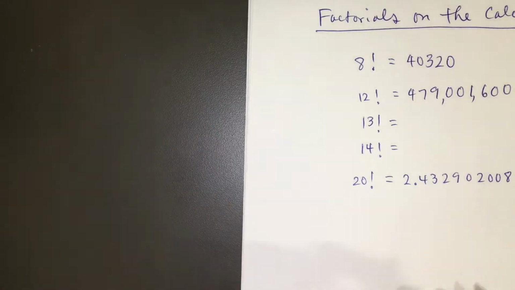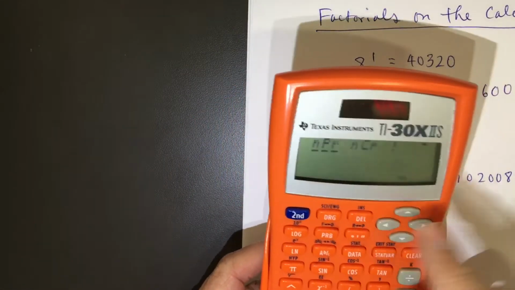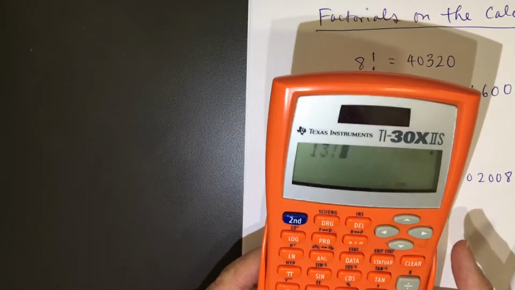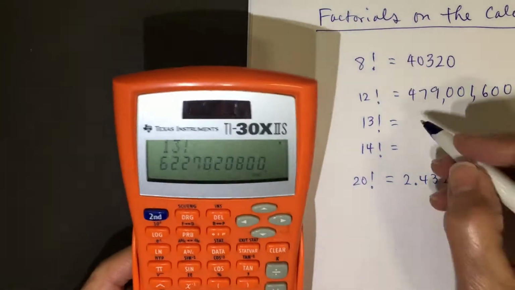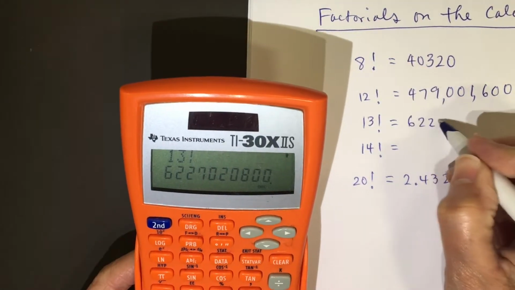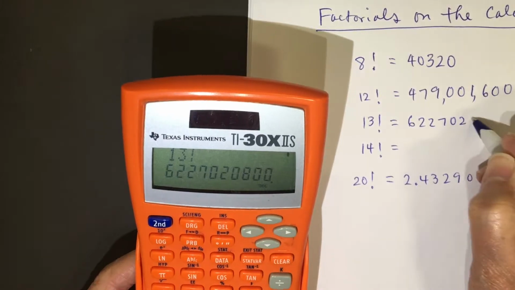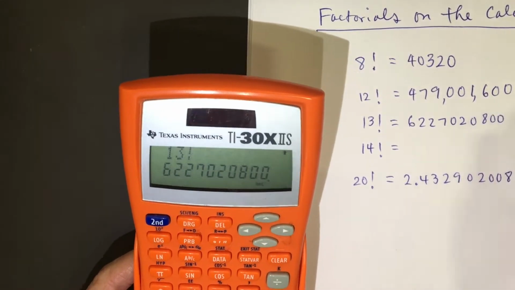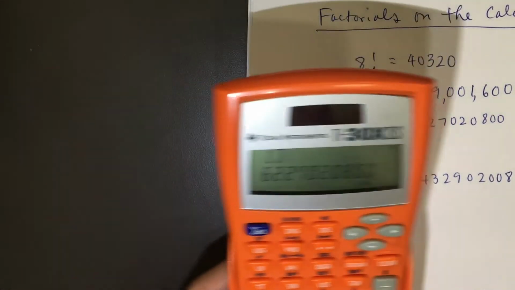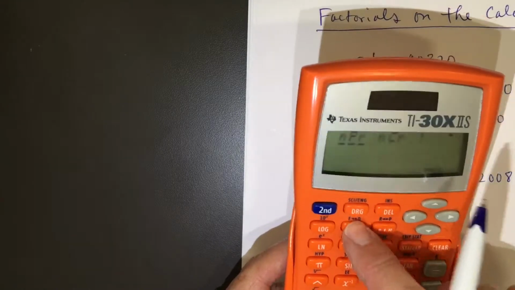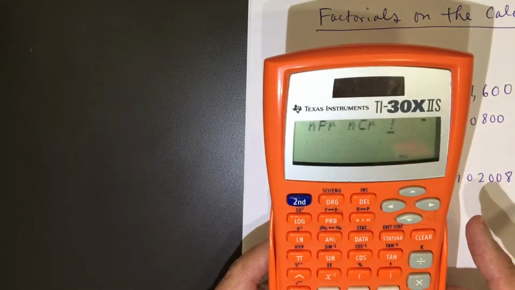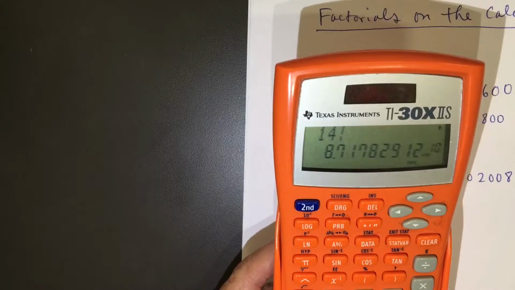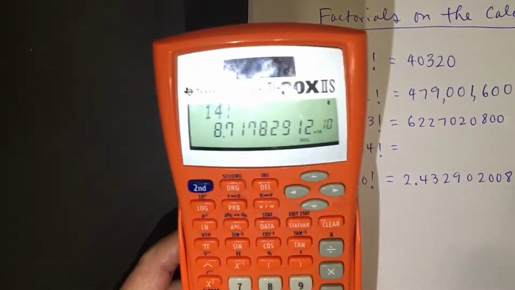So let's see, 13 factorial is 6,227,020,800, and 14 factorial is in scientific notation.